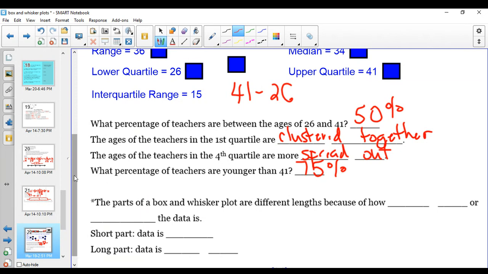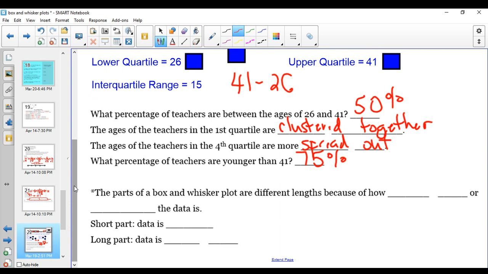Kind of summarizing some of the things that we just talked about, we're going to fill in the blanks in this last little paragraph here. It says the parts of a box and whisker plot are different lengths because of how spread out or clustered the data is.